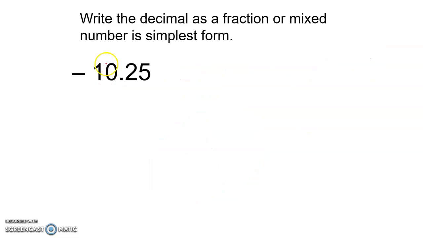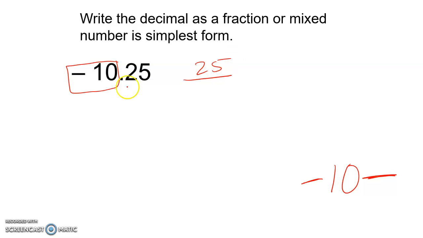All right, this one, do you see how we have a negative 10? That just tells me in my answer I'm going to have a negative 10 and then I'm going to have a fraction. So I'm just going to take the 25. That's going to go on top of the fraction. And again, there's one number, two numbers, so I put a 1 with 2 zeros. So that's 25 hundredths. Now I can either take out a 5.